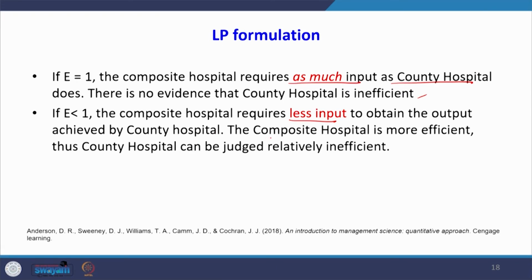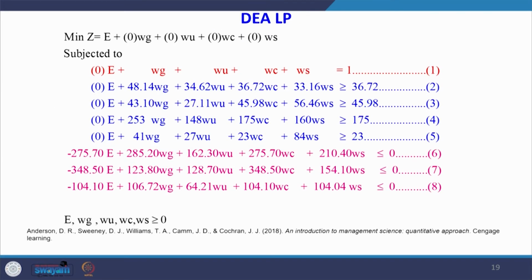Okay. So, the composite hospital is more efficient, thus the county hospital can be judged relatively inefficient. So, in data envelopment analysis, we are going to minimize the value of E. Yes, that is minimizing the E.